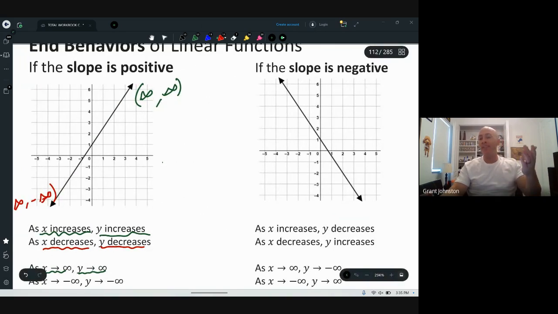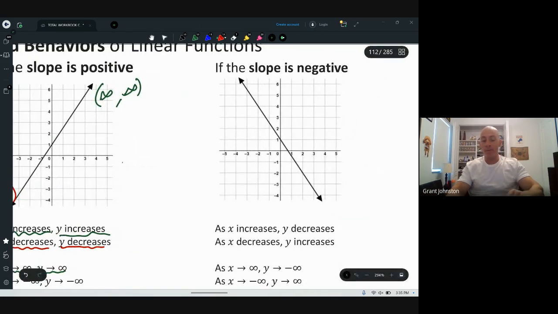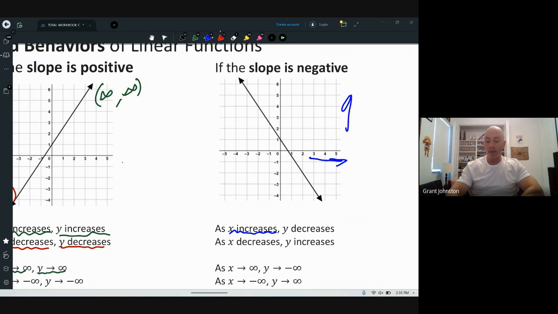Now, if the slope is negative, it's a little bit different. As you can see, as x increases, as we go this way, it's not going up. It's actually going down. As x increases, this graph is decreasing. Y decreases.